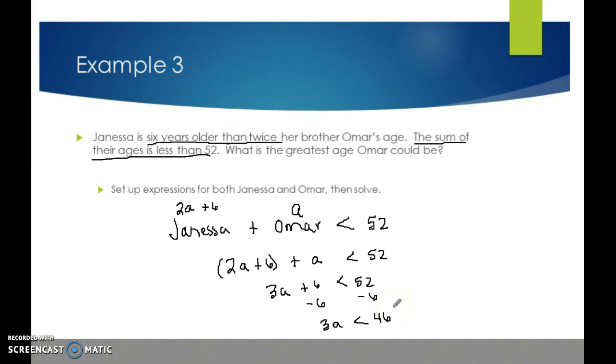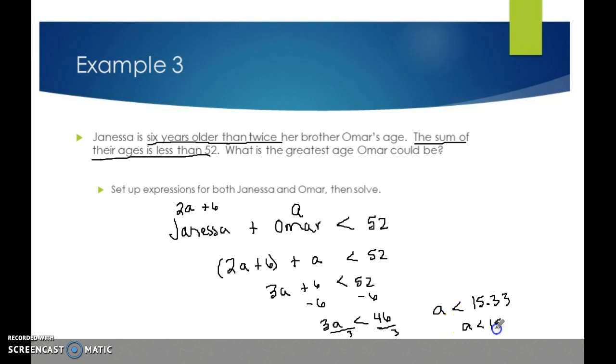And then 46 divided by 3. So dividing by 3, I end up with the age has to be less than 15.33. So since we got a decimal, in ages we're going to be looking at total years. So we would have to say that Omar's age would have to be less than 15.